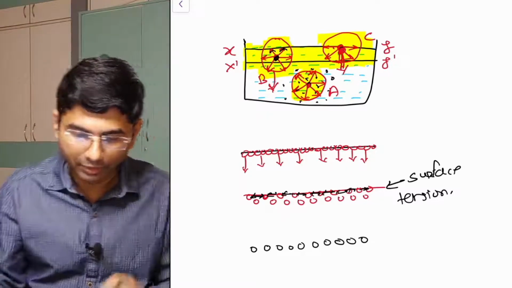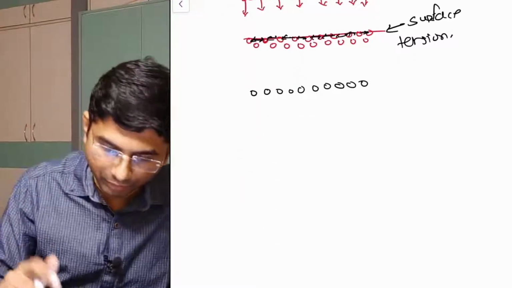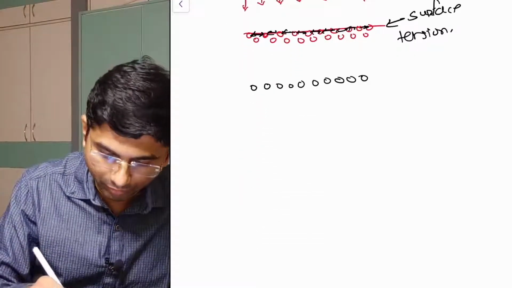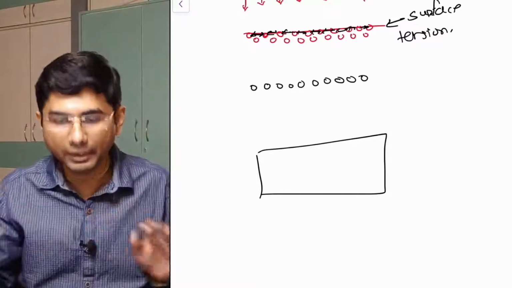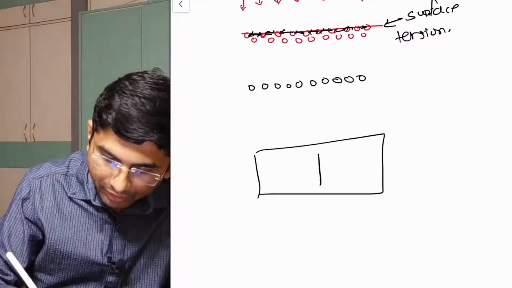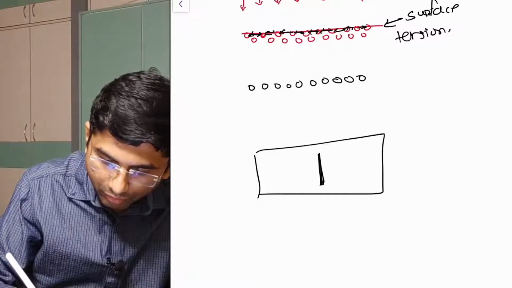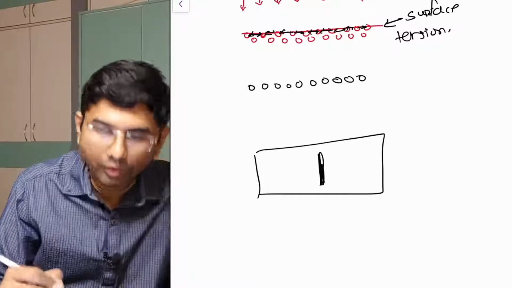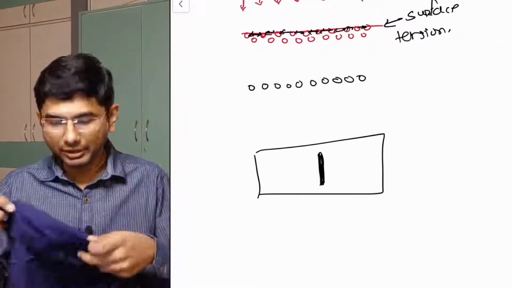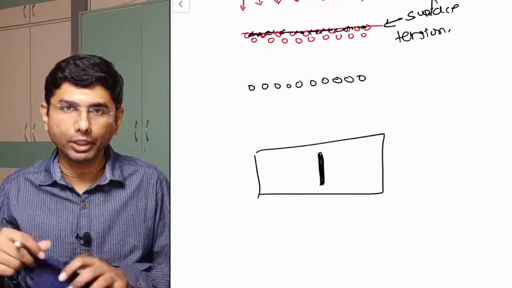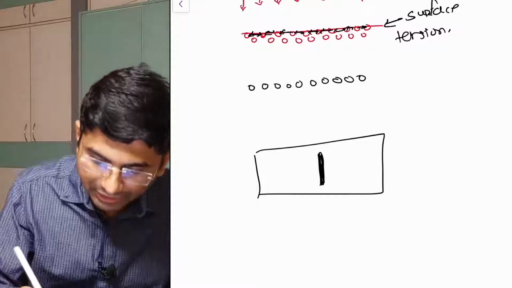Now what is the surface tension? I'm just showing you the top view of a surface. Here if I consider a rod or anything on the surface, say I have a pen on the handkerchief, and I am stretching it. What is happening?